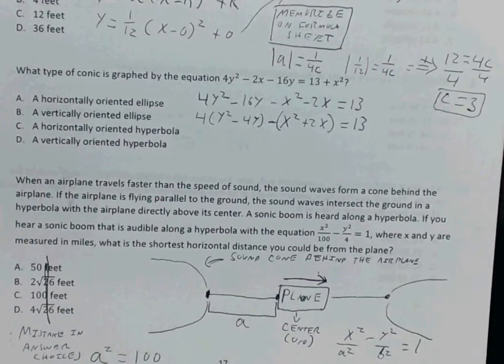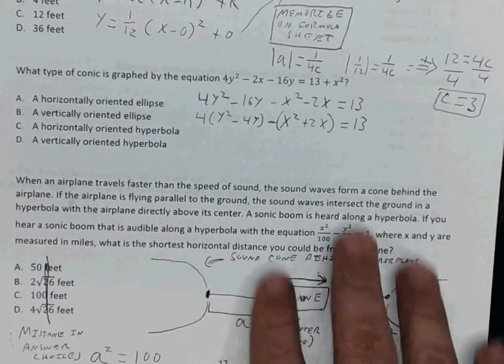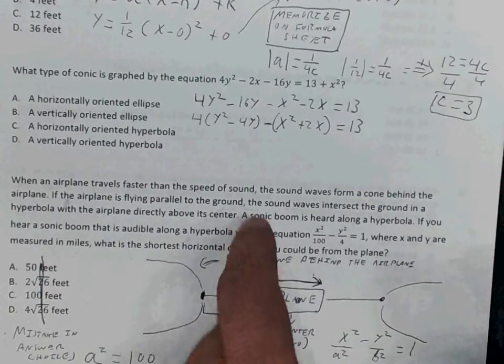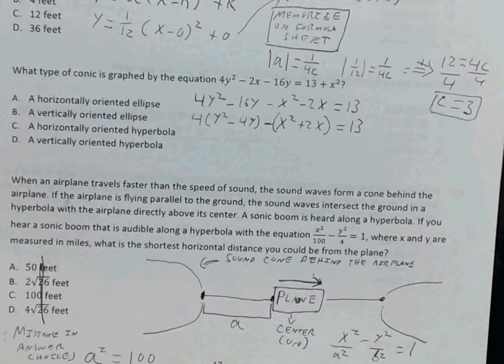Now, at this point, you can find out that this is going to be a hyperbola if you look at the pattern. But let's find the equation of the hyperbola just to be sure.